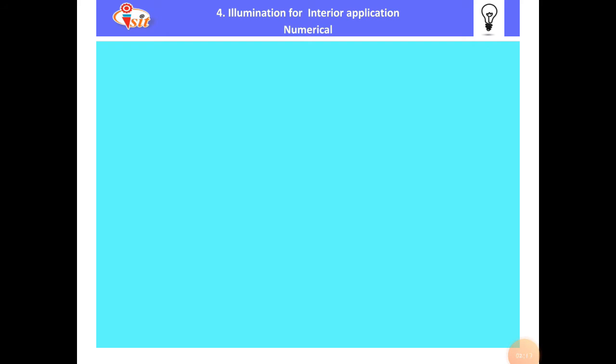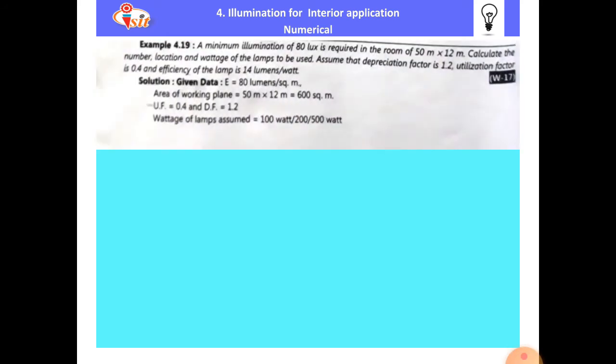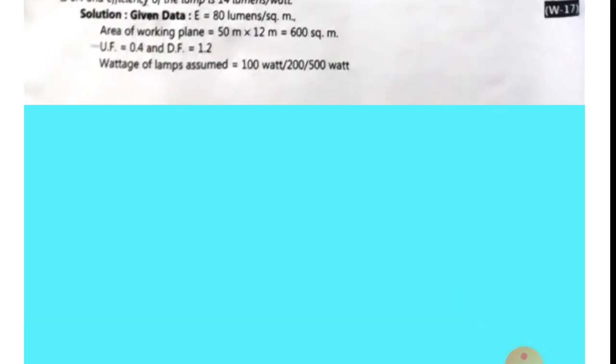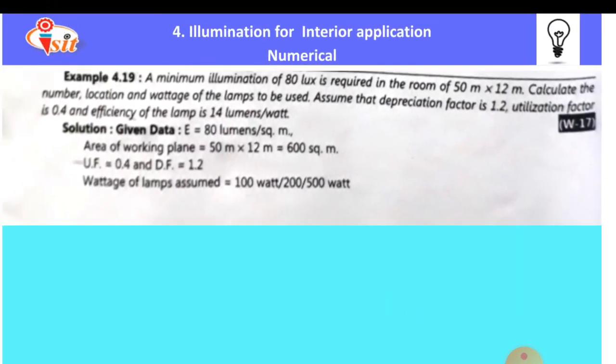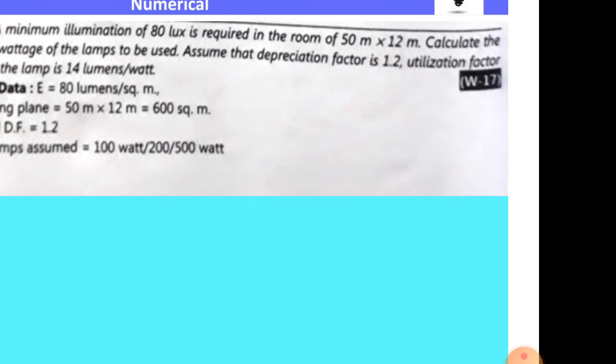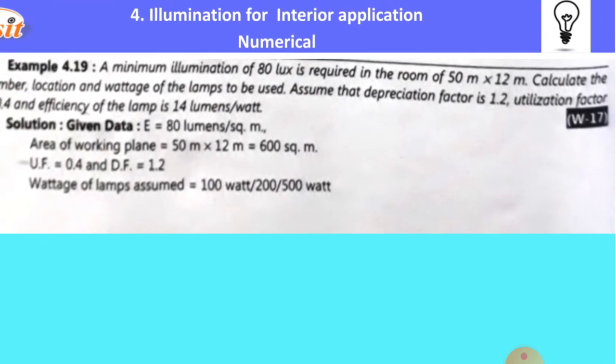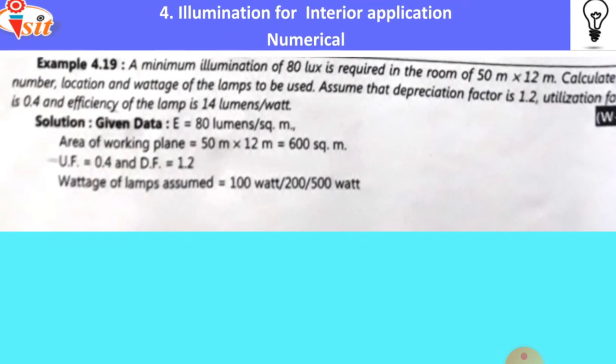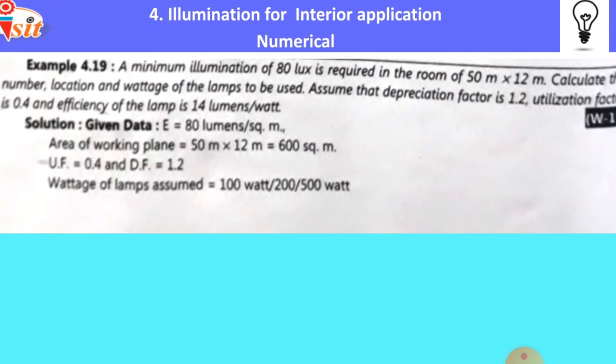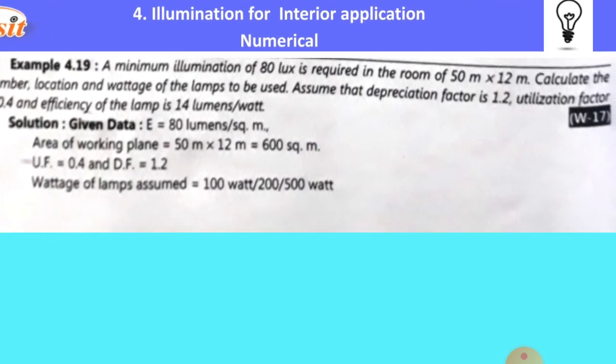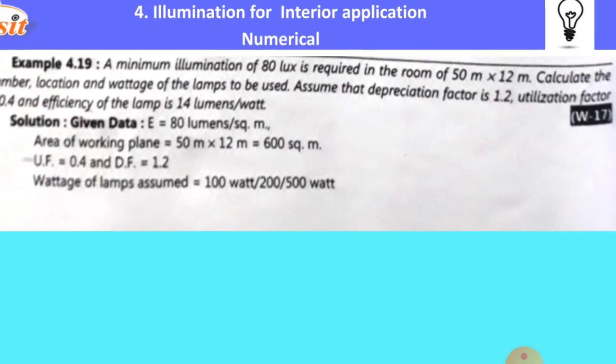Next problem is: a minimum illumination of 80 lux is required in a room of 50 meter by 12 meter. Calculate the number, location, and wattage of lamps to be used. Assume that the depreciation factor is 1.2, the utilization factor is 0.4, and the efficiency of the lamp is 14 lumens per watt.